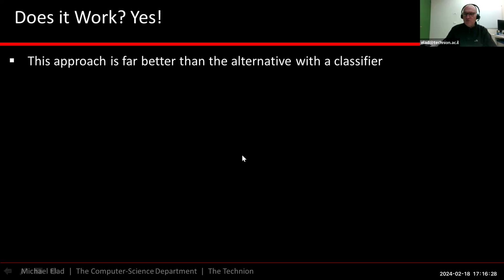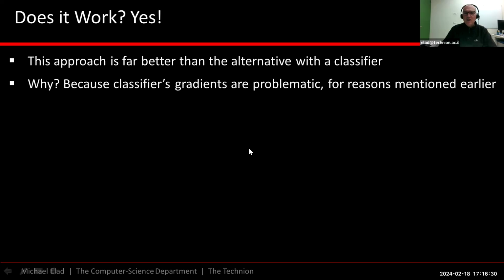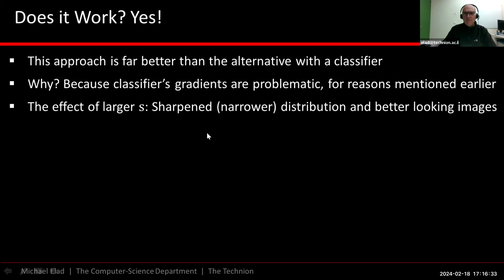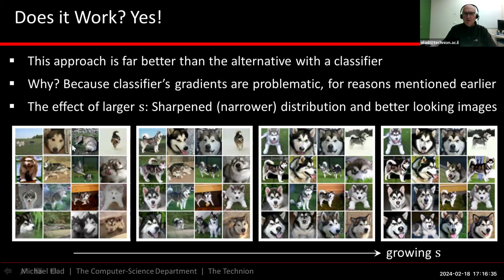And it works. Let me show you from the very same paper that I mentioned. They did it for the following example. This is S equals 1, and they are creating images of a specific dog. I forgot the name. Husky dog, yes, husky. And as the S grows, look at the effect.